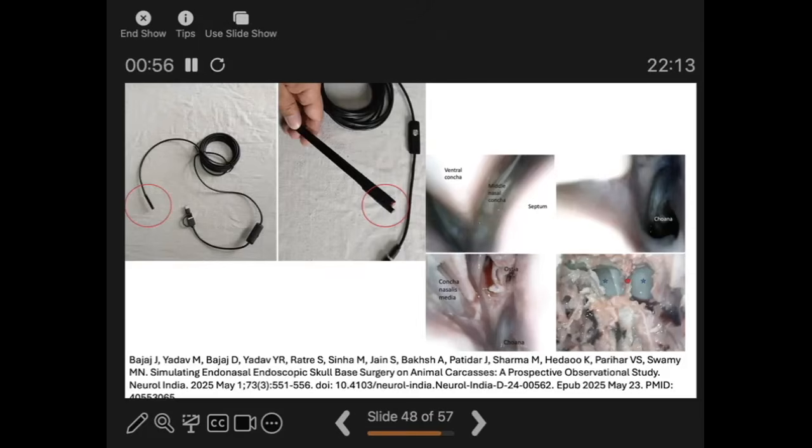The key structures such as concha ventralis, concha nasalis media, septum, and choana were visualized. After removing the concha ventralis and part of concha nasalis media, the sphenoid ostium and choana become visible.